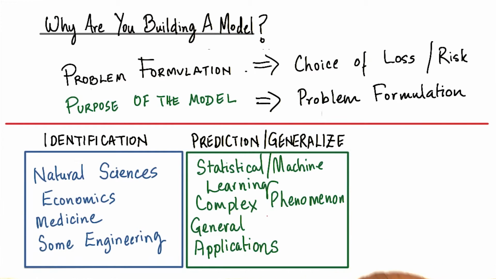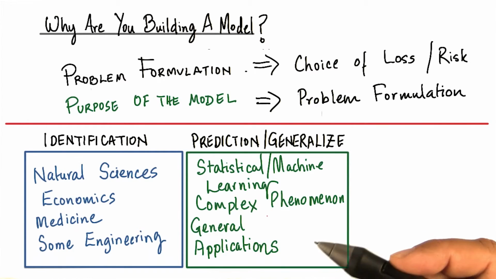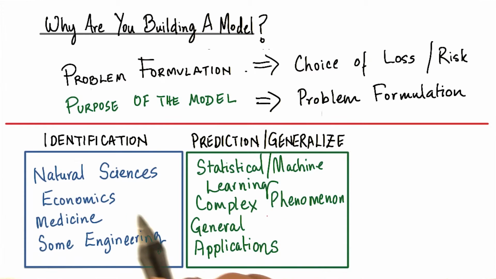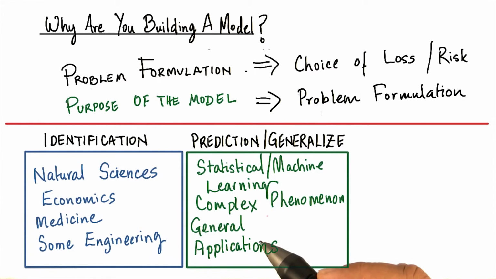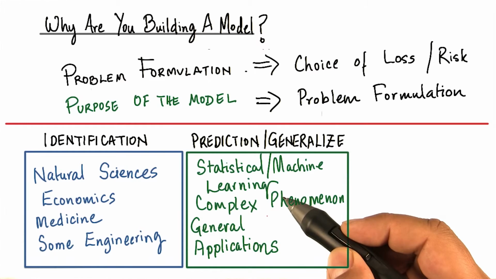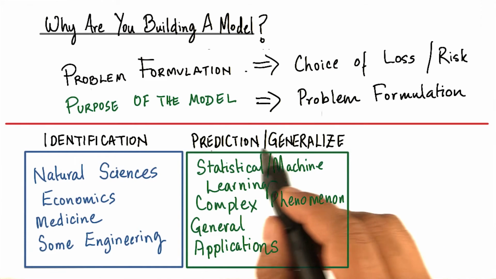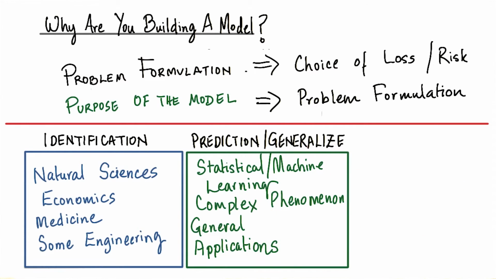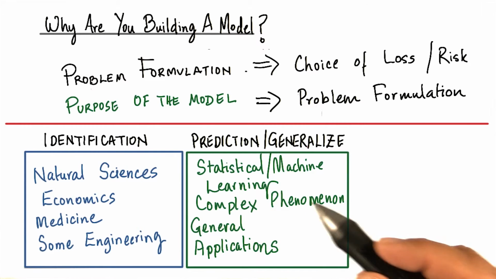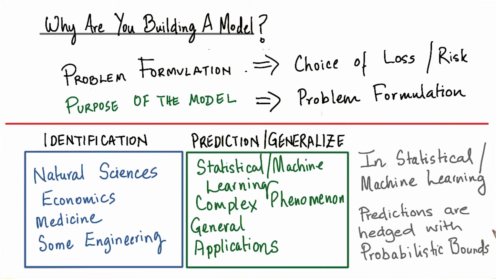In this case, we want to recognize the patterns in the data, to not only solve the identification problem, but also to accurately predict such patterns for all possible future data where the patterns are similar but not necessarily the same. Validating a statistical or machine learning model thus not only requires us to validate the model on the data we have, but also to hedge the model's prediction abilities with probabilistic bounds.